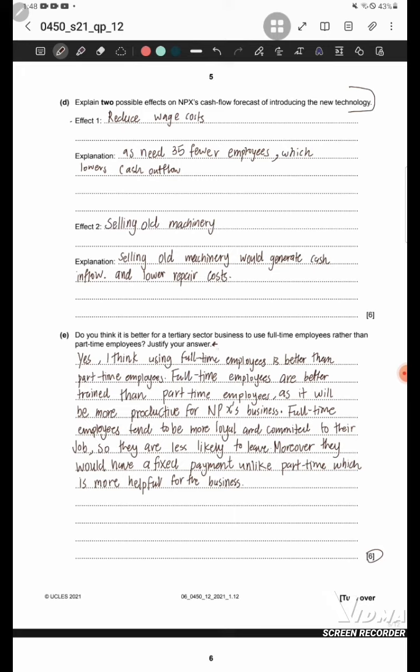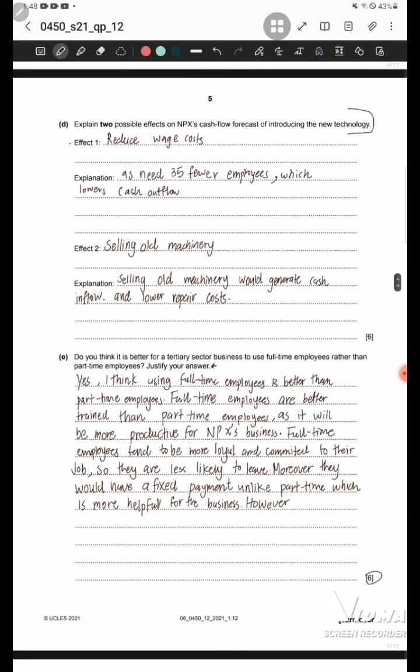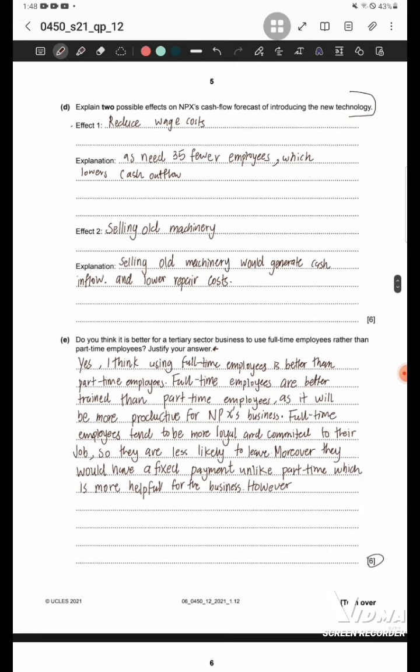We will do, however. You can use any other word, but I'm more comfortable with however. And it doesn't really matter if you repeat it, because usually in business they don't really care. As long as you have your points and you know what you're doing, then you're fine. Now we have to state the cons of full-time employees.